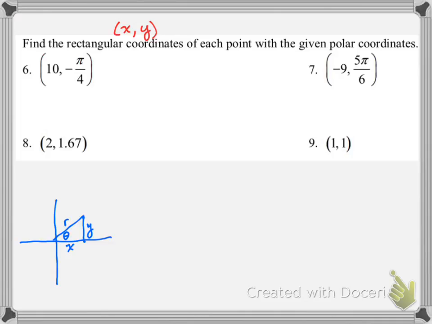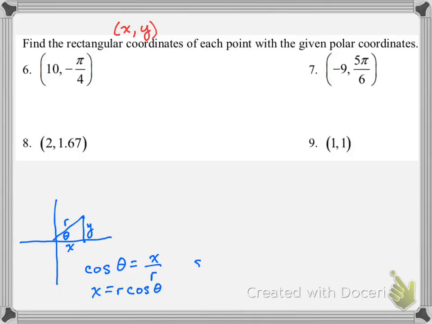Well, we know from our trig functions, just right triangle trig, that the cosine of theta is equal to adjacent over hypotenuse, which means x is equal to r times the cosine of theta.